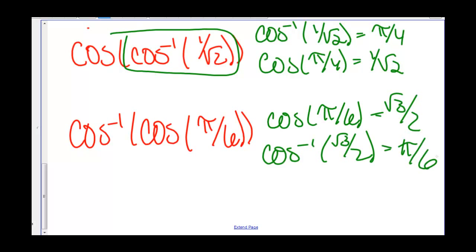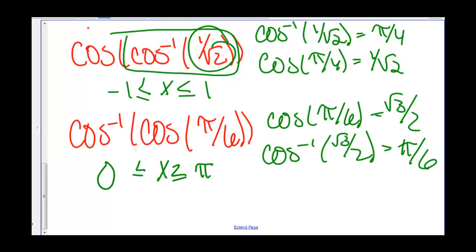And we could have used our cancellation: here x was between -1 and 1, so we get back the same value, and here x was between 0 and pi, so we knew we were going to get back the same x.